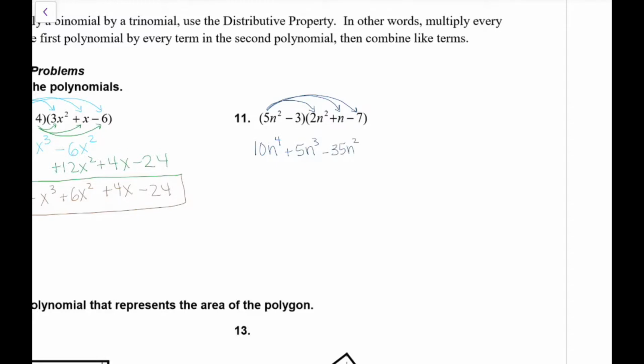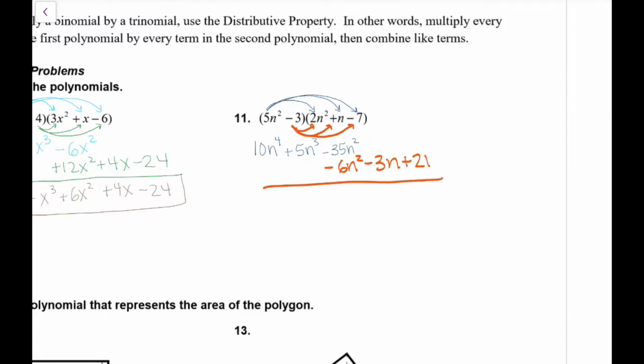I take the negative 3 and I distribute it to everything inside the second parenthesis. If I take negative 3 times 2, that gives me negative 6n squared. Notice I'm going to write it right underneath the negative 35n squared because those are like terms. I take negative 3 times n, gives me negative 3n, and negative 3 times negative 7, remember 2 negatives together make a positive, is positive 21.